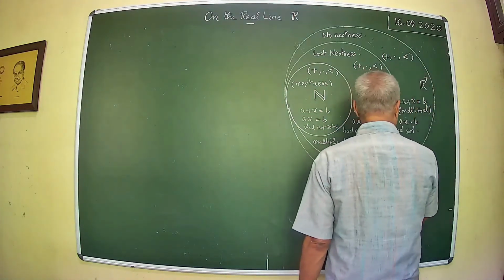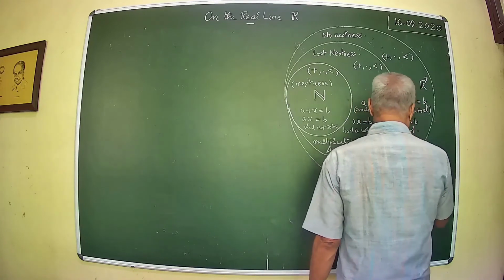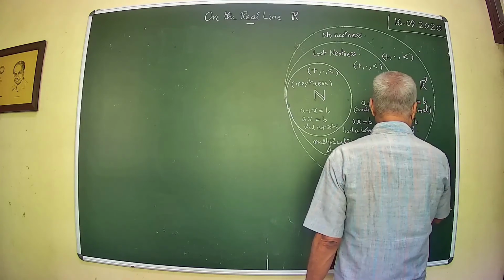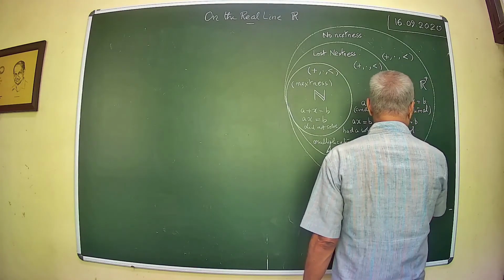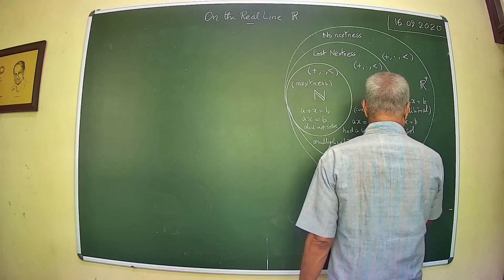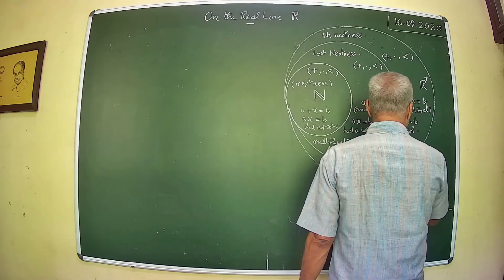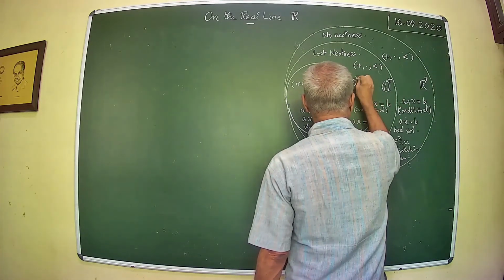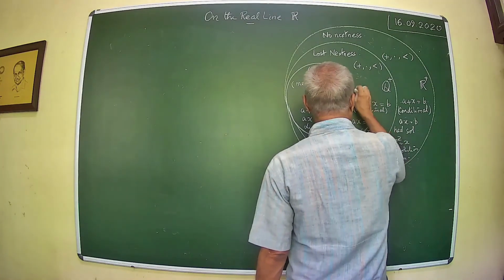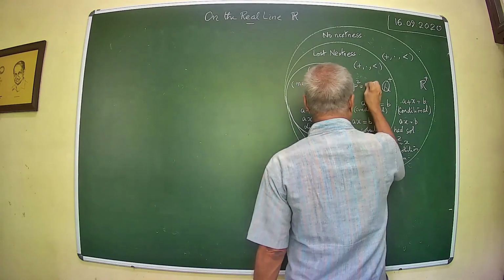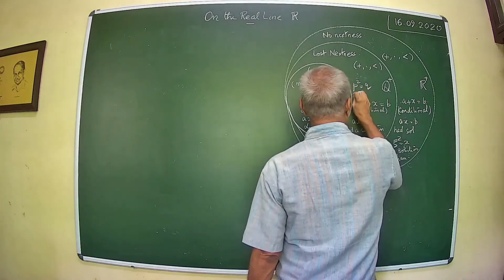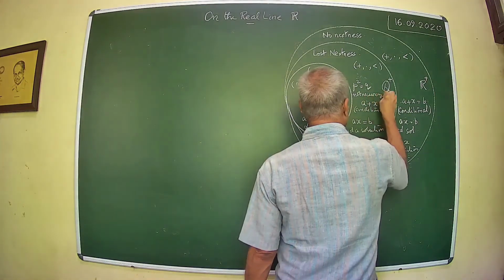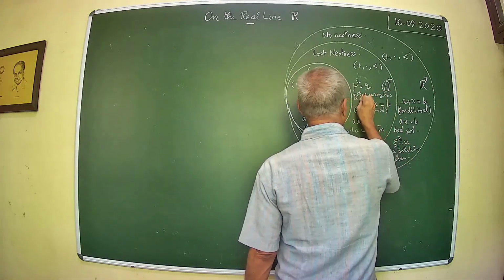So equations like x square equal to p, or p square equal to q, not necessarily have a solution.